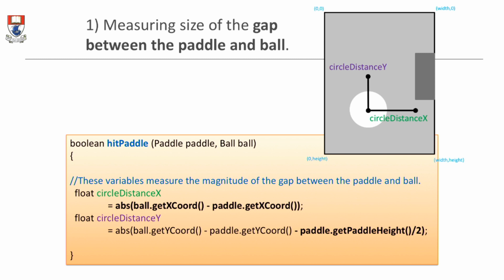So our first question is, what is the circleDistanceX if the ball is at 200, 400 and the paddle is at 380, 100 with a paddle height of 100?